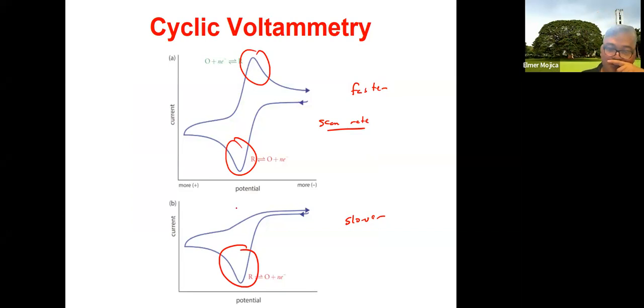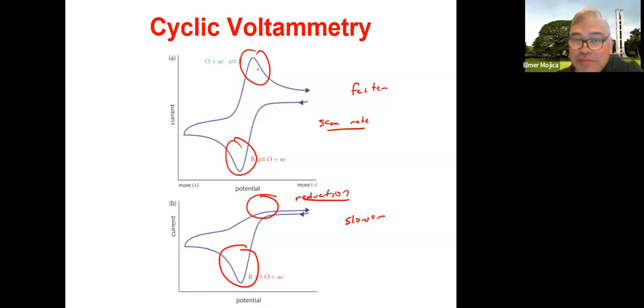At the slower, you don't see the reduction peak. So one interpretation here, at the faster rate, whatever product you have there was able to participate in the redox reaction.